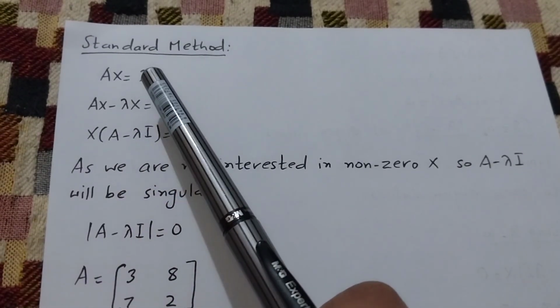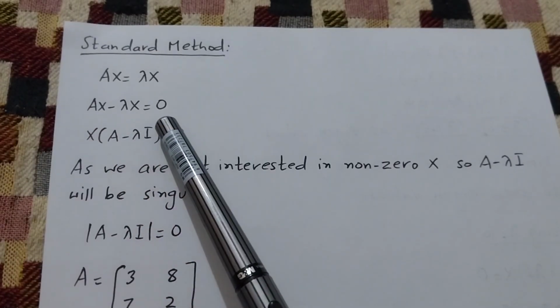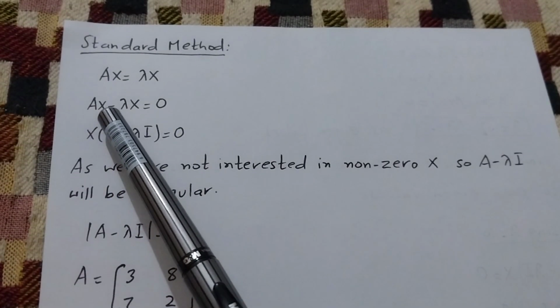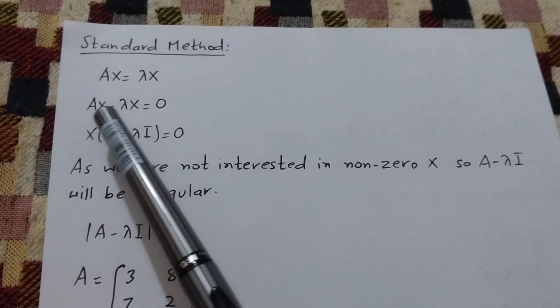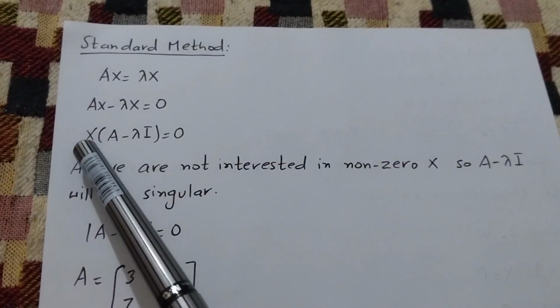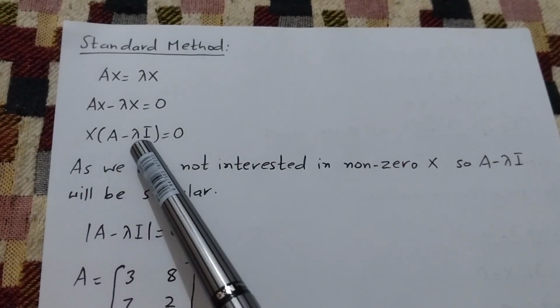So we can move this lambda x to the left hand side. We can write it as Ax minus lambda x is equal to the null vector. We can take x vector common from these two terms. So we'll get A minus lambda I times x.